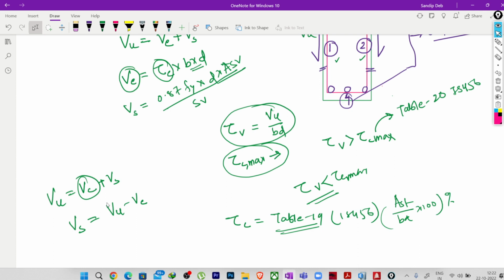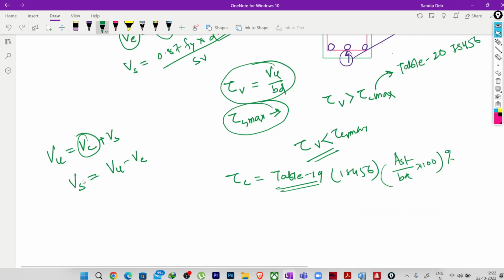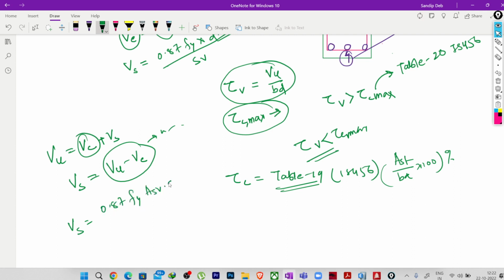Now how will you find out the reinforcement amount? We all know this will give you a numerical value, right? So we all know that Vs equal to 0.87 Fy ASV into D by SV, which I have written here. Now you put this value here, you do the equilibrium. From here you can use two particular things.